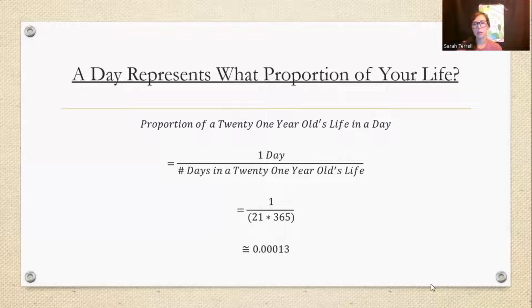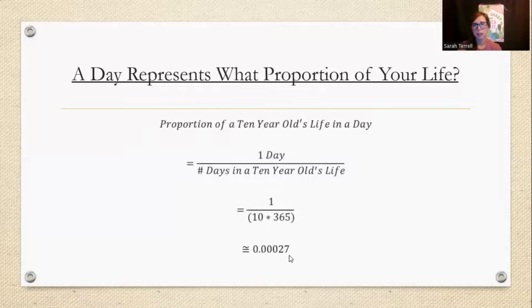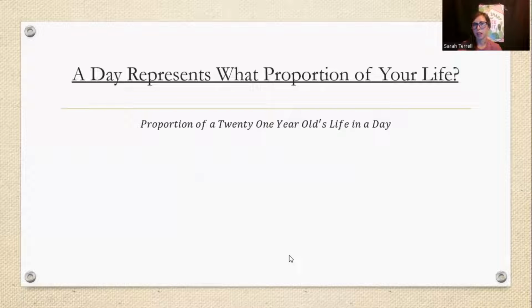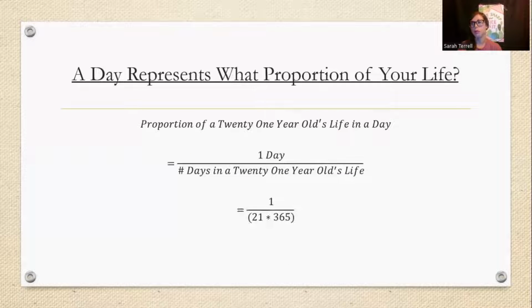Here we're still in the same decimal place, but the overall number has gone down by more than half. That's a huge decrease in the fraction of your life that a day represents as you're aging.